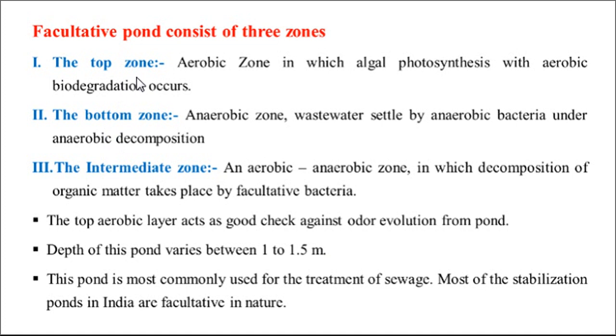The top zone is totally aerobic, in which the bacterial algal photosynthetic process takes place, or you can say aerobic degradation of wastewater takes place in the top layer. It is the same as the aerobic pond we saw first. Second, the bottom zone, the anaerobic zone, where settled wastewater is treated by anaerobic bacteria under anaerobic decomposition.